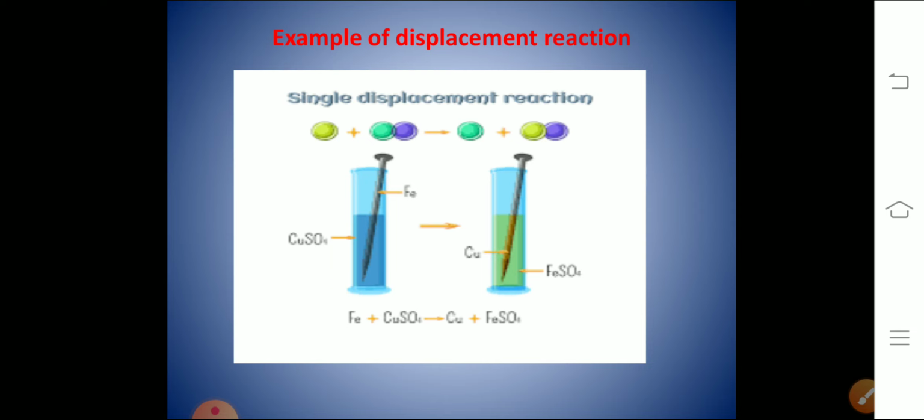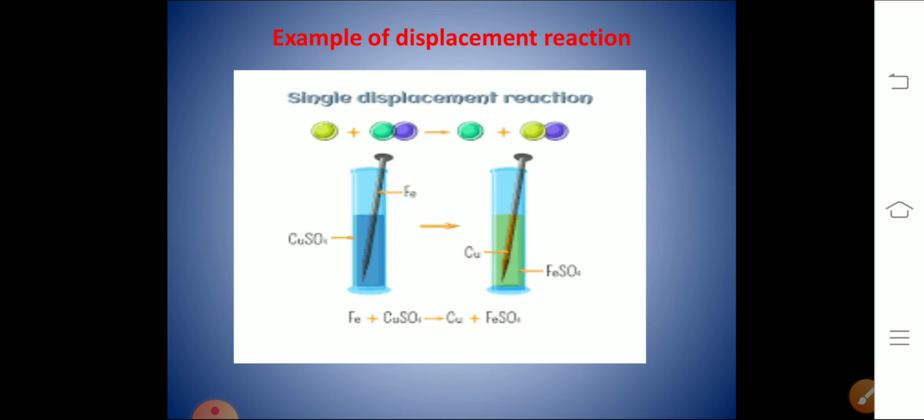So copper will be given out and ferrous sulfate, FeSO4, will be formed, and this copper will be seen as a layer on the iron nail.